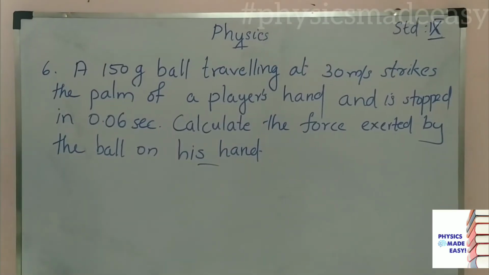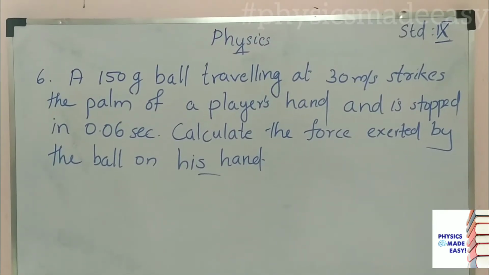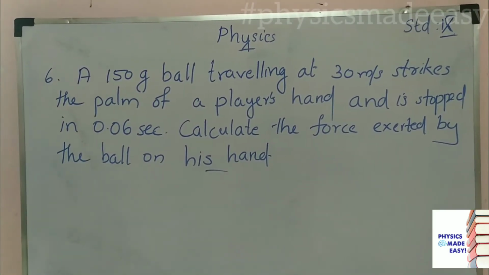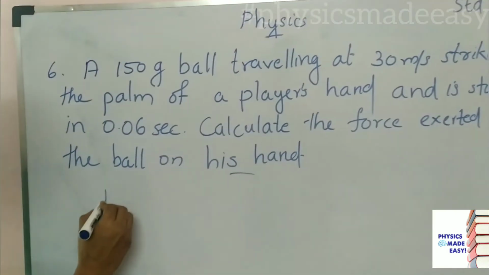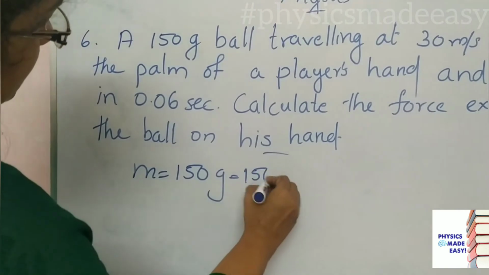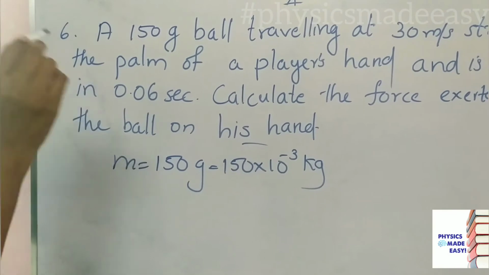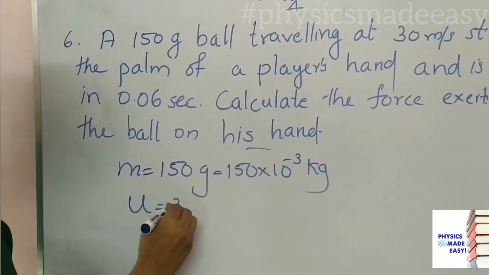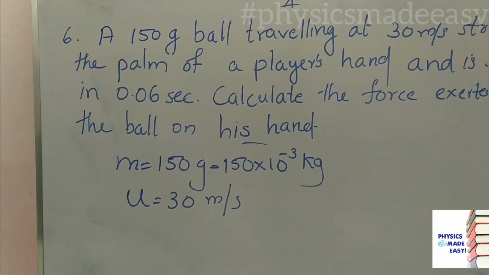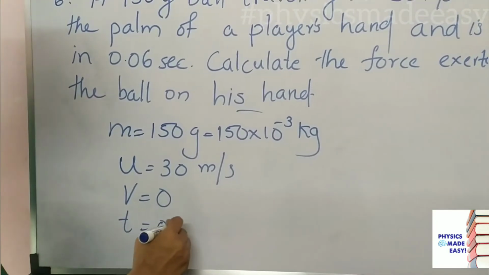A 150 gram ball traveling at 30 meter per second strikes the palm of a player's hand and is stopped in 0.06 seconds. Calculate the force exerted by the ball on his hand. Here mass is equal to 150 gram, that is 150 into 10 raised to minus 3 kilogram. Traveling at 30 meter per second, u is equal to 30 meter per second, strikes the palm of a player's hand and is stopped. v is equal to 0, time 0.06 second.